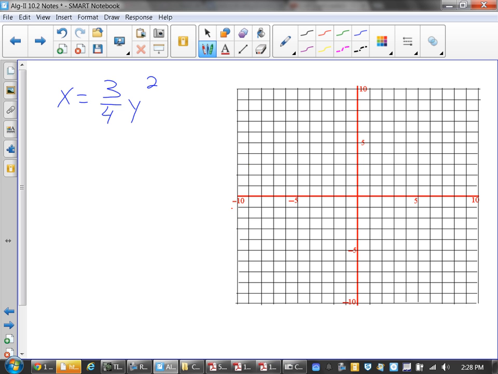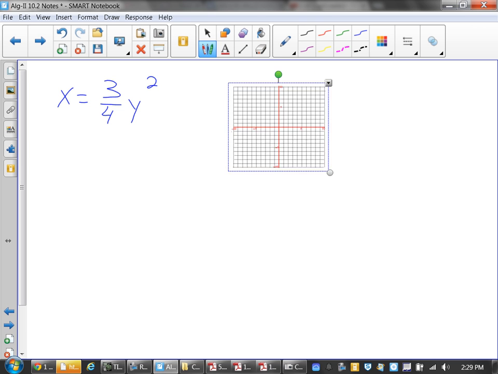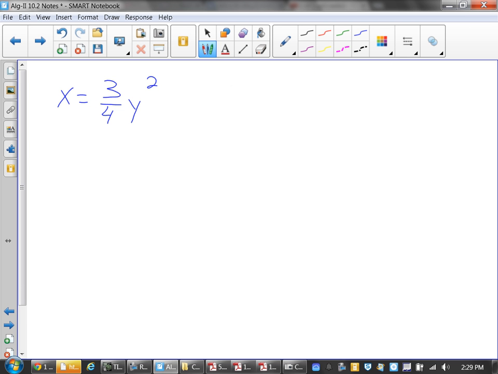Same idea. Okay. x equals 3/4 y squared. So when we start out with this, we have x equals 3/4 y squared, which is telling you that it's a y squared parabola.